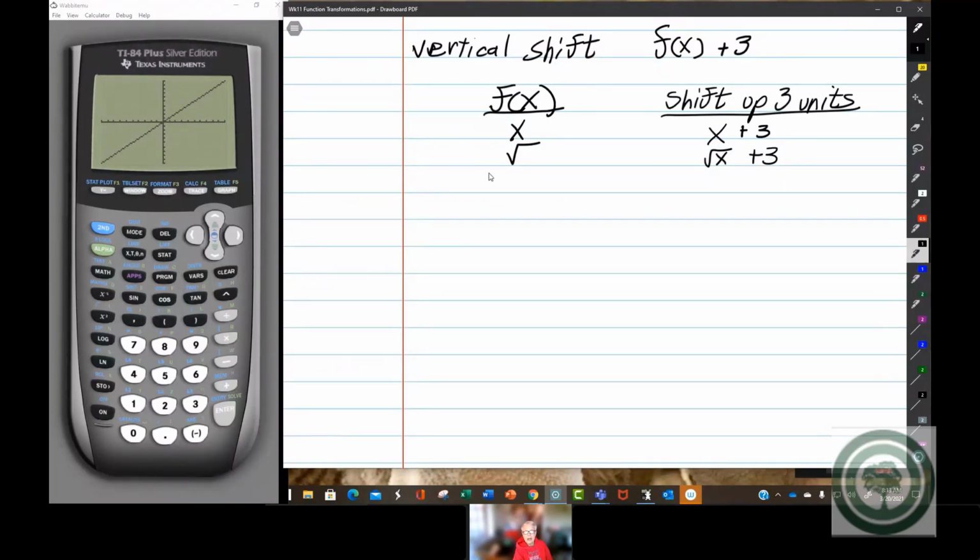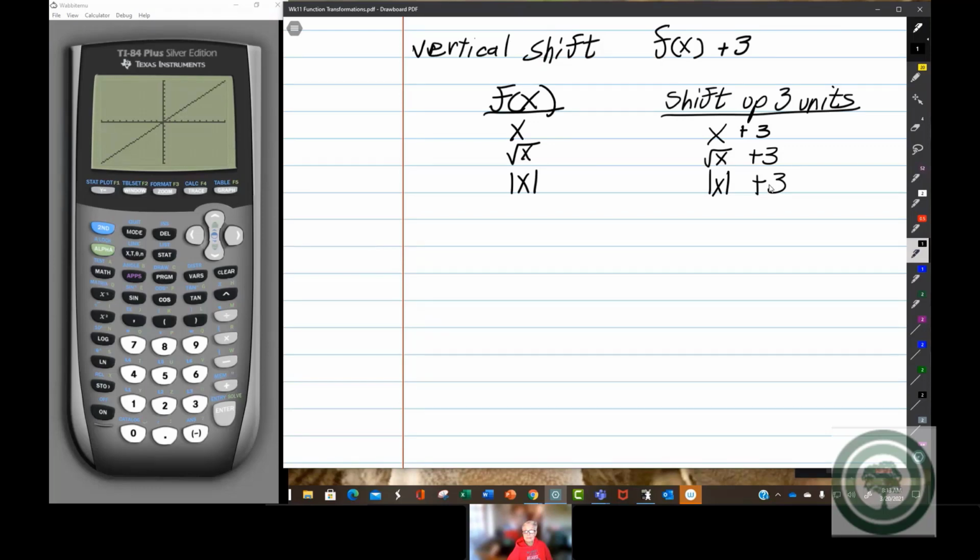And that's the meaning of that. How about the absolute value? If I want to shift that up vertically, I would type the function and then put a +3 out on the right side. That's what I mean.